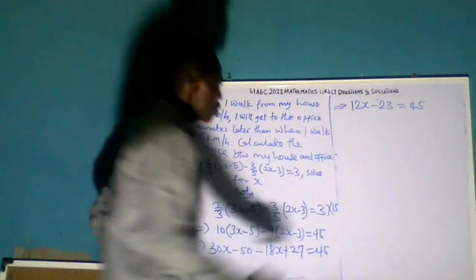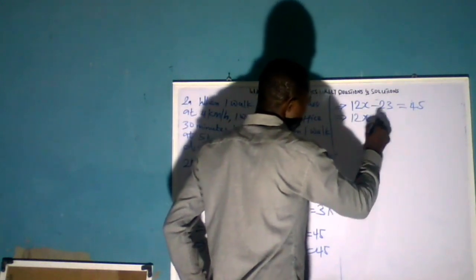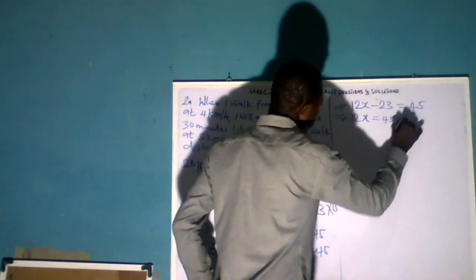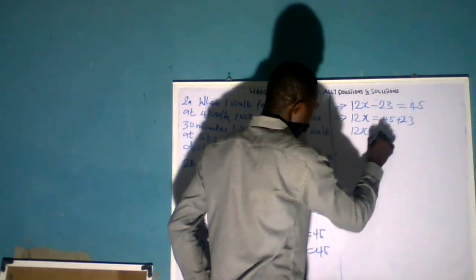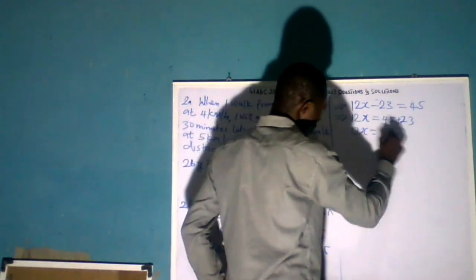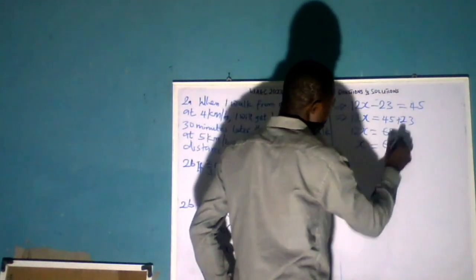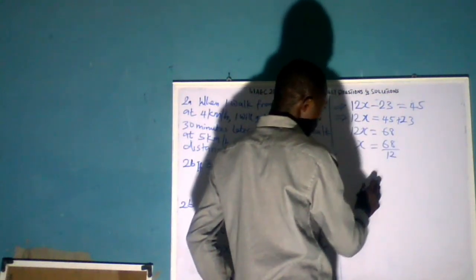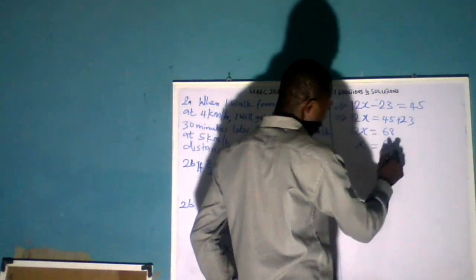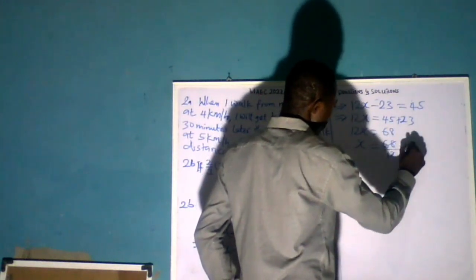And this implies that 12x equals 45 minus 77. So that 12x will be equal to 68, and you have x equal to 68 over 12. Let's look at what can easily go into both. 2 can go here, 2 here, 6, and 2 here, that's 34.